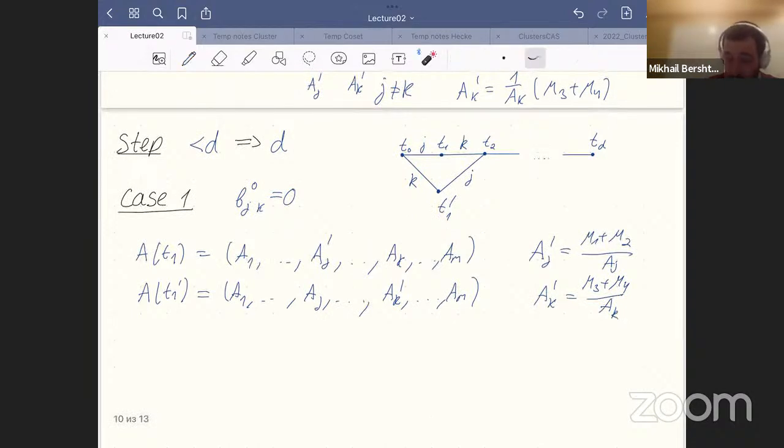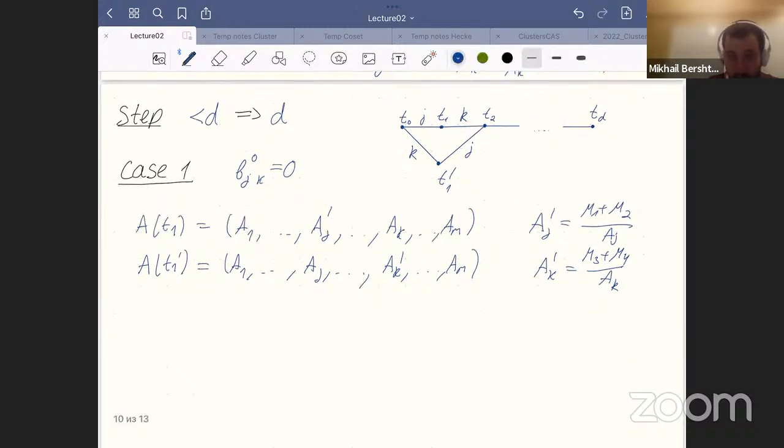Now recall that we are using induction, and the distance from T1 to TD is less than d minus 1. So we can use the induction conjecture.